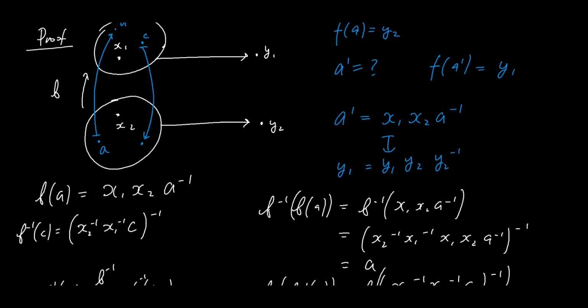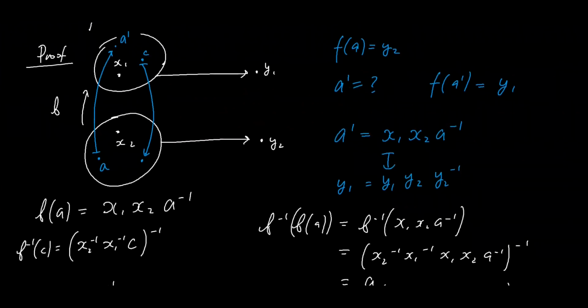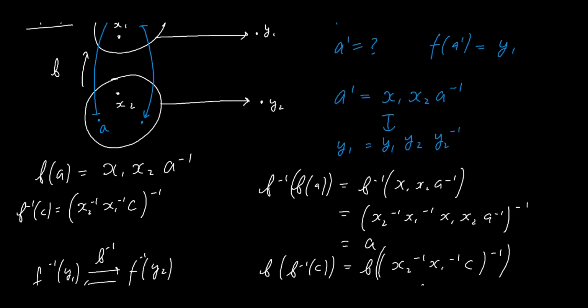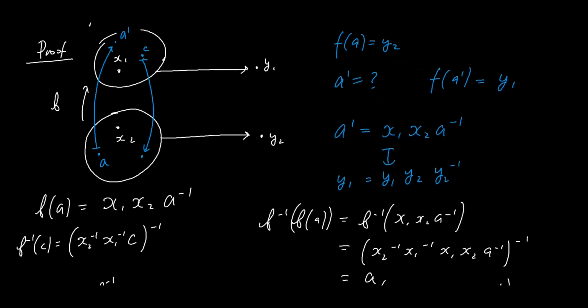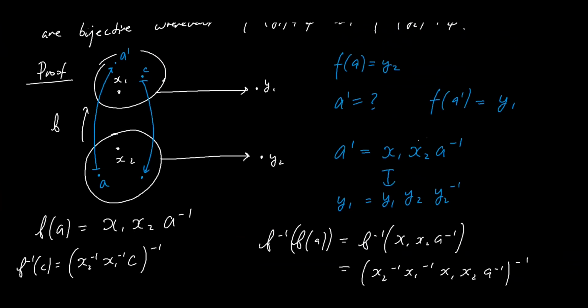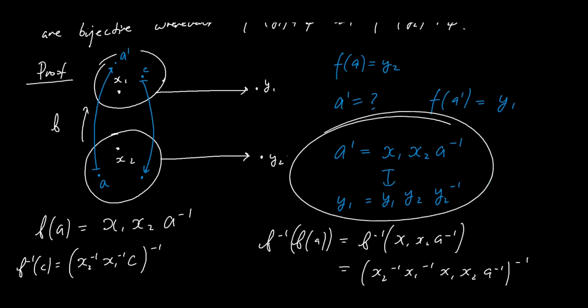No, I think we just used that. We forgot to check maybe that when I apply the map to C, I do end up in this region, but that follows from the fact that this map is an inverse of the other one. And the other one has that property was checked here.